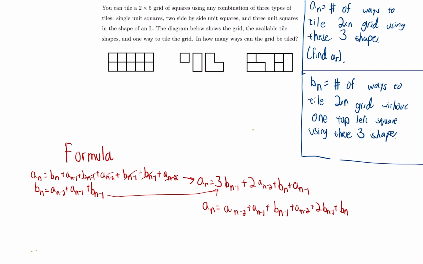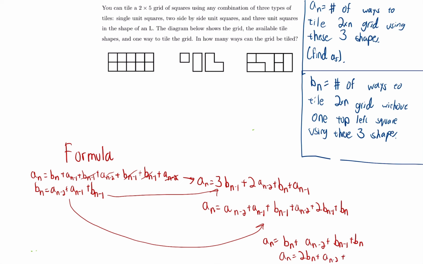Okay, so now that we have that, let's plug this into here. Then we get a of n is equal to b of n plus a of n minus 2 plus b of n minus 1 plus b of n. So a of n is equal to 2b of n plus a of n minus 2 plus b of n minus 1.